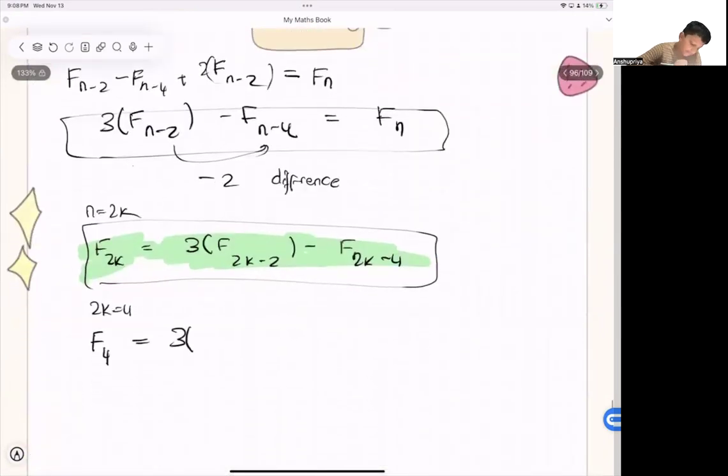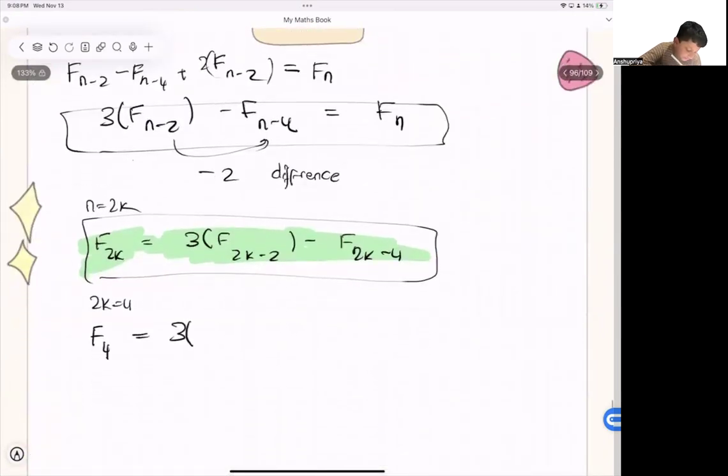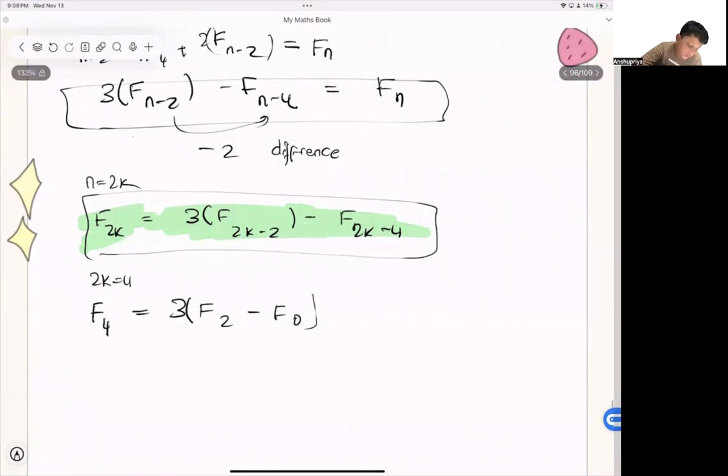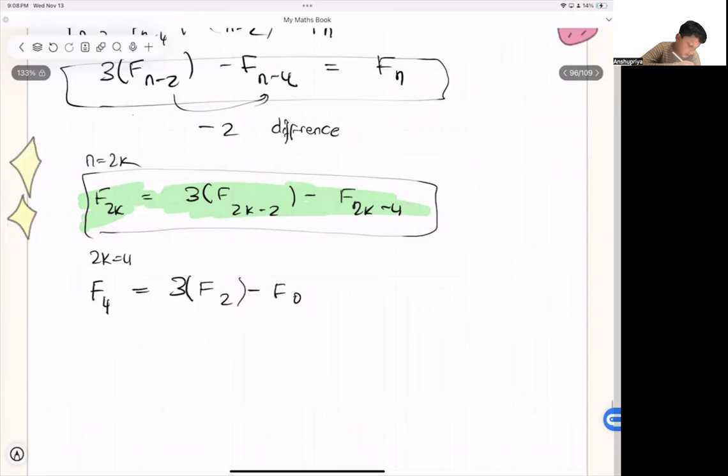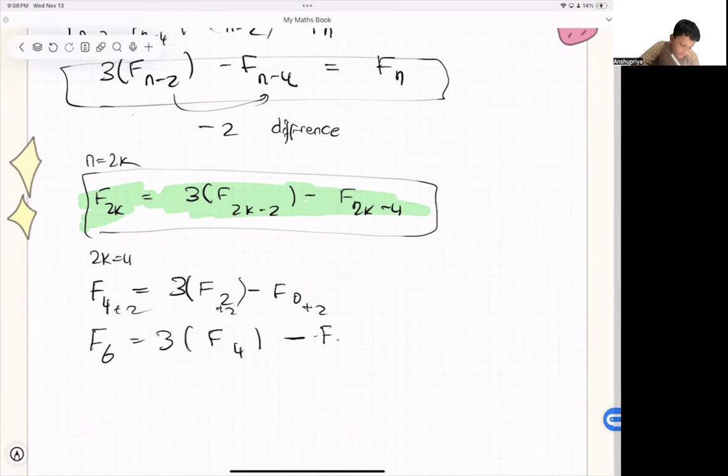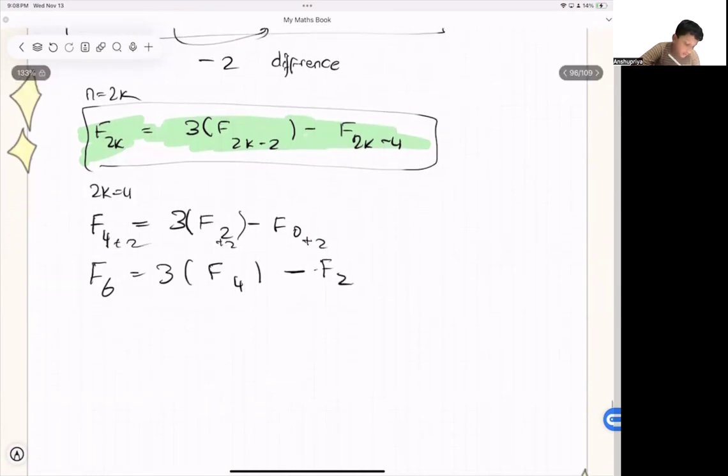So I get F4 is equal to 3F2 minus F0. Can I say F6 is equal to 3F4 minus F2? Okay.